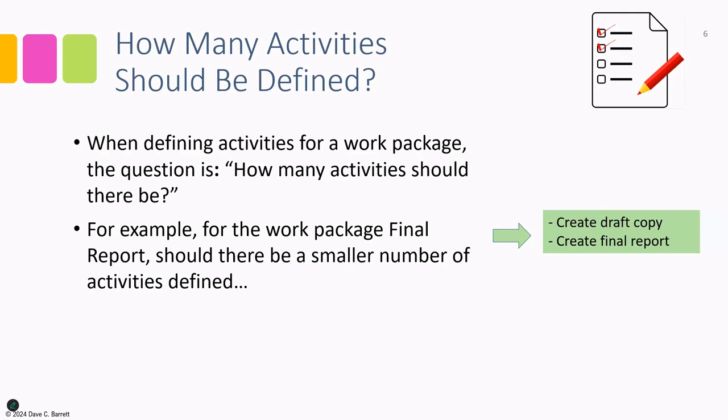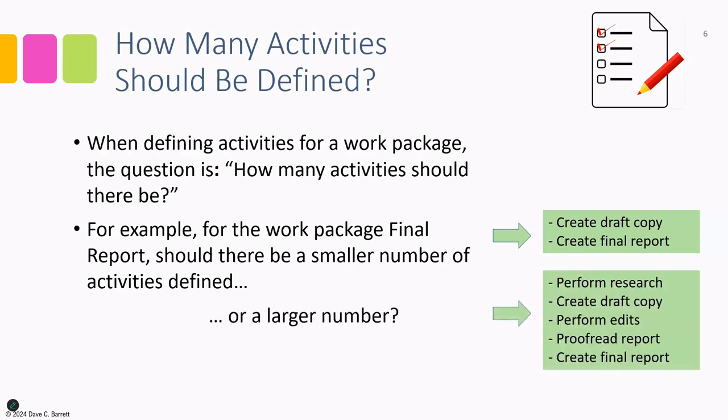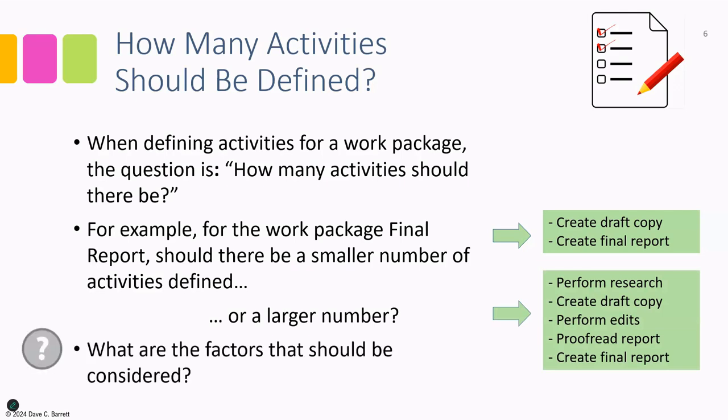For example, create draft report, create final report? Or should it be a larger number? For example, perform research, create draft copy, perform edits, proofread report, create final report. So should you have two, or should you have five, or some other number? That is the question. So it's important to understand the factors that should be considered.